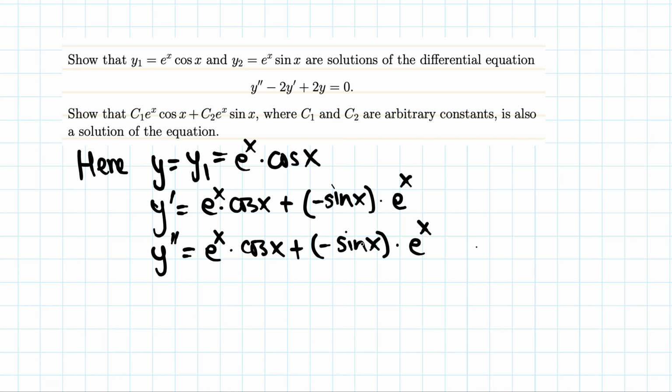These two terms come from the first product, plus the derivative of negative sin x, which is negative cos x, times e^x, plus the derivative of e^x, which is e^x itself, times negative sin x.